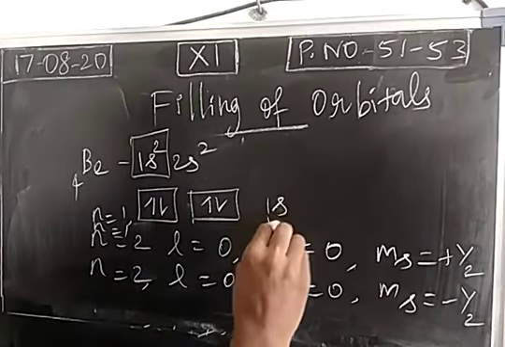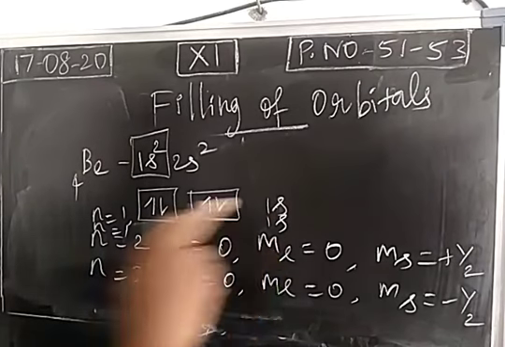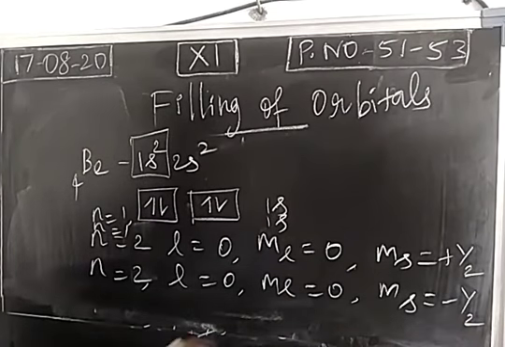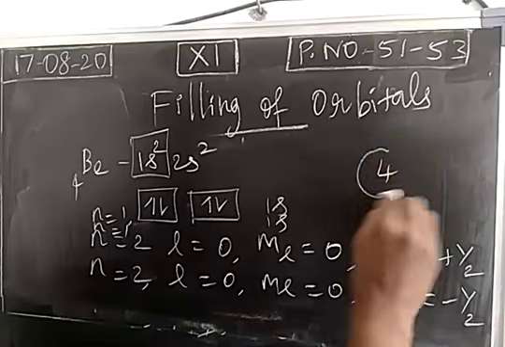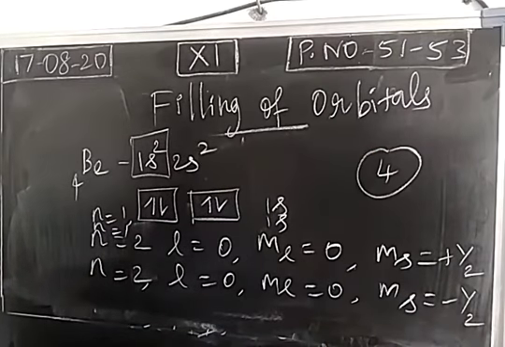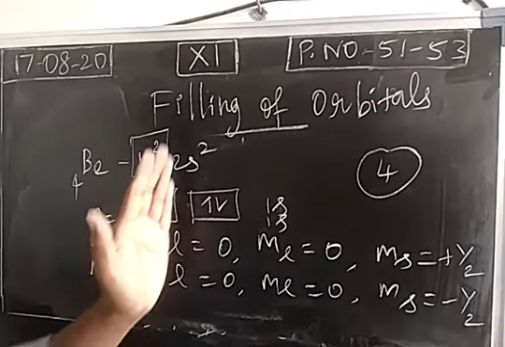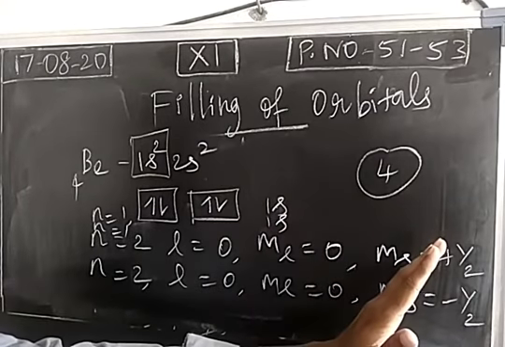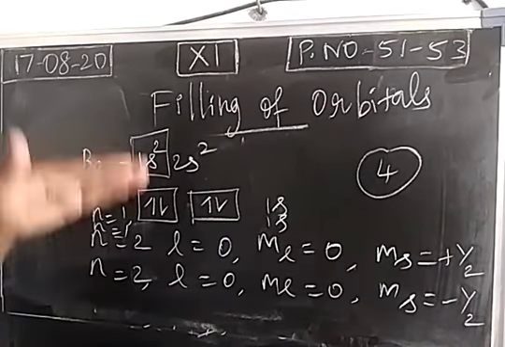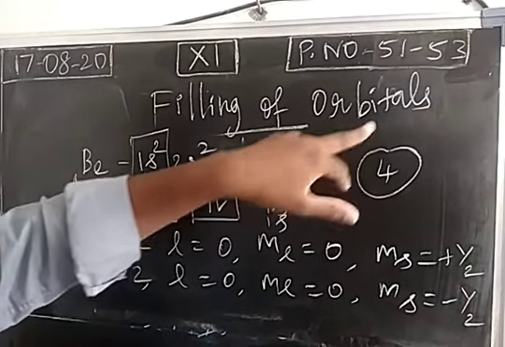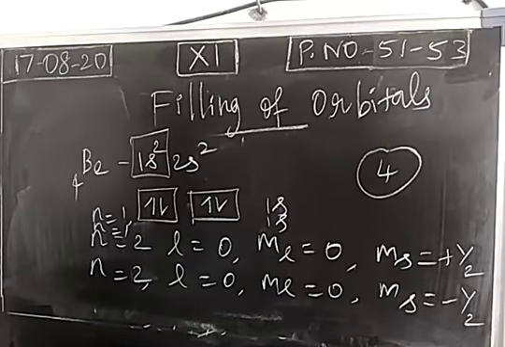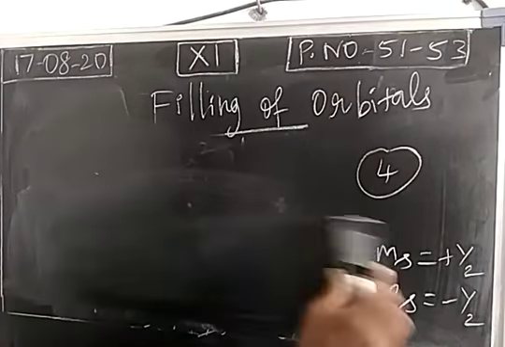For 1s orbital, 2 possibilities, 2s orbital, 2 possibilities. So 4 possible quantum numbers we can write. N value 1, L value 0, M value 0, then spin quantum number plus 1 by 2. Like that, we may write 4 possible combinations. Thereby, how many electrons can be present in beryllium? Maximum 4 electrons. Right? So this is the application of Pauli exclusion principle.